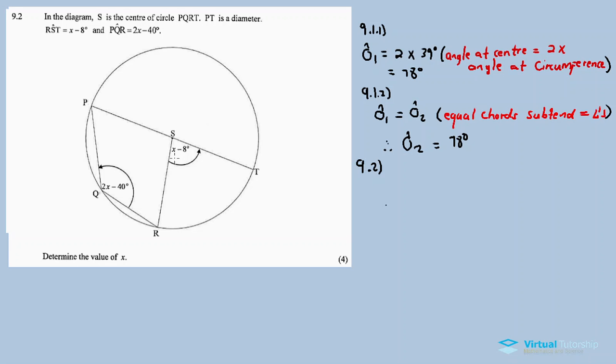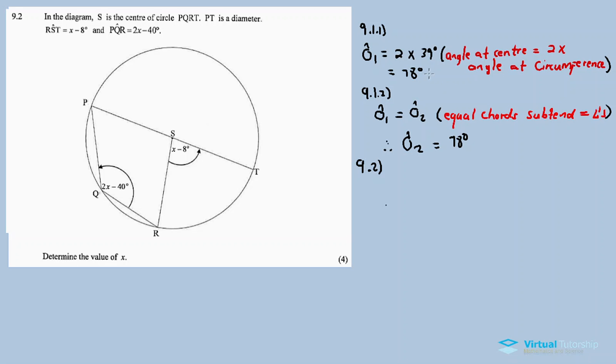To link them, I need to use one of the theorems we learned in grade 11. Angle S is an angle at the center, and this angle is an angle at the circumference. So there's a theorem like in 9.1.1: angle at center is equal to 2 times angle at circumference.